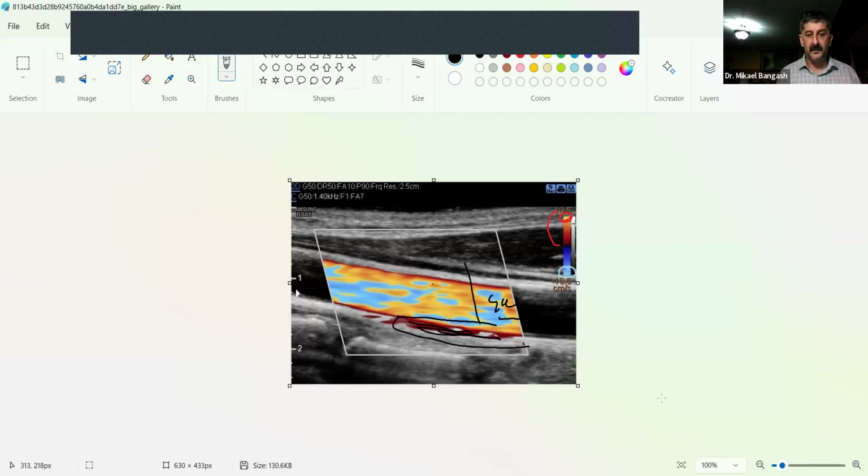So your aliasing is still going to be there. Is that clear? Does anybody have any questions?